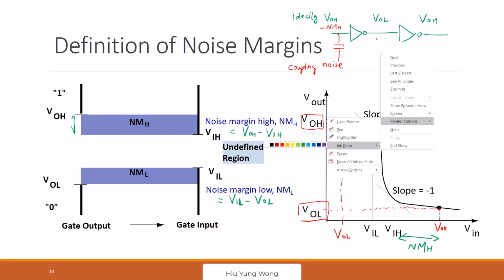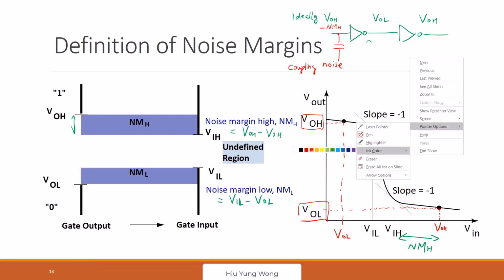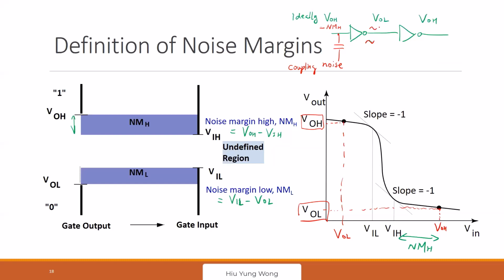Do you see what I mean? This is still approximately equal to VOL, right? Because you give me VOH, output is VOL. That is the green one. That is the ideal situation.